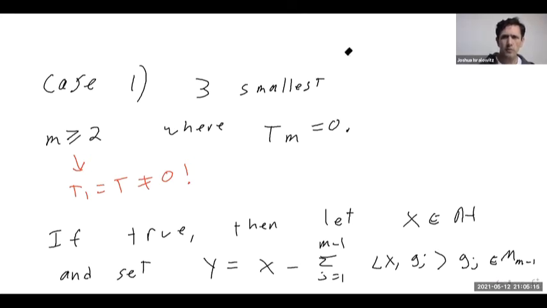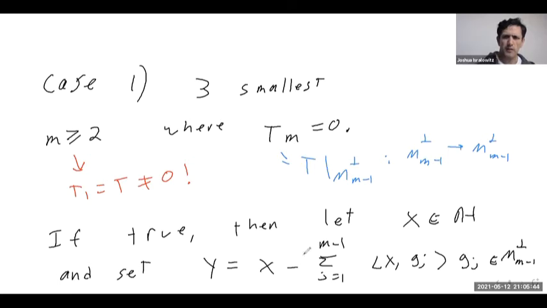Just to remind you, this is going to be T restricted to M_{m-1} perp, which goes from M_{m-1} perp to M_{m-1} perp.